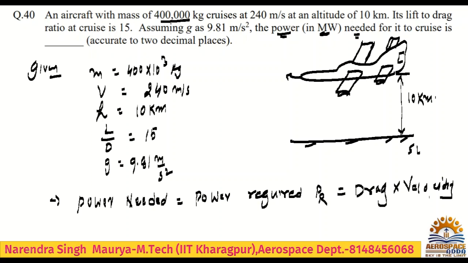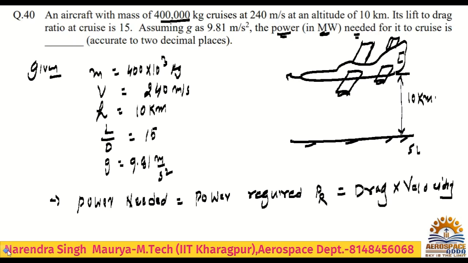Because of the drag only you are burning fuel to get thrust, to get power. Drag is the enemy for your aircraft, just like friction. So power required is nothing but drag into velocity. Now your job is to calculate drag first. If you know drag, then automatically you can calculate the value.